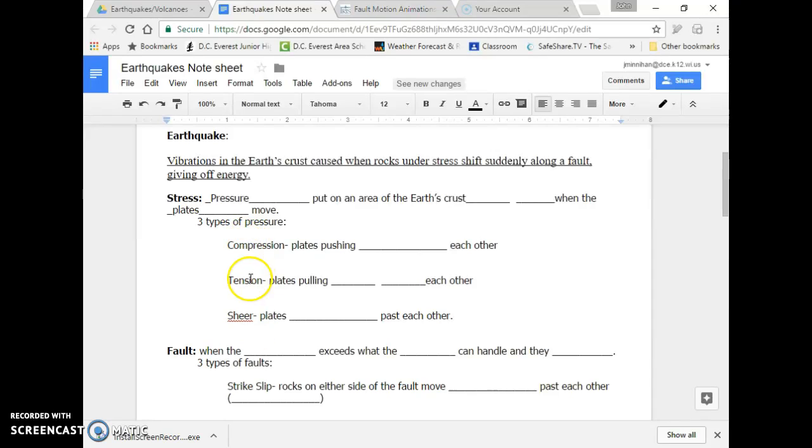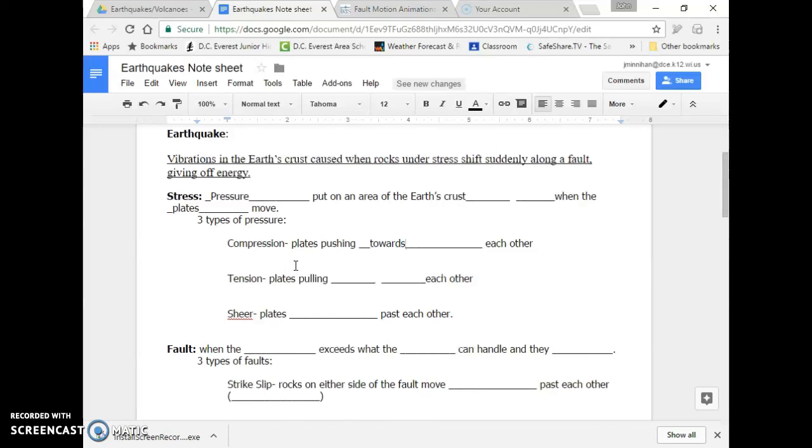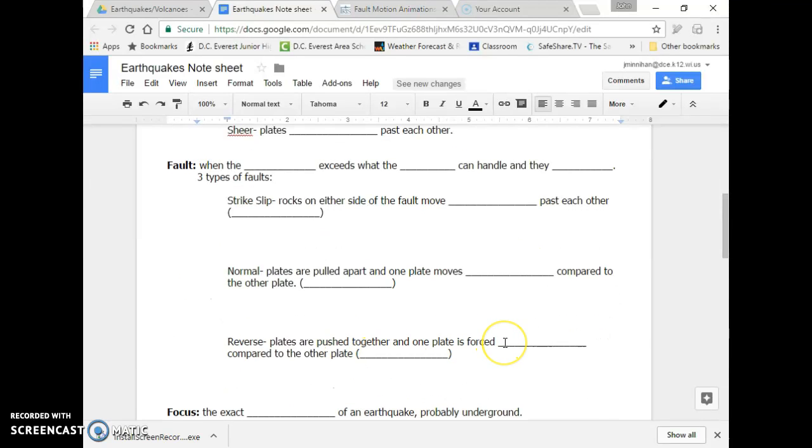Okay, so these are the different types of pressures. For example, we have compression. That's when the plates would be pushing towards each other. So this would be like taking your two hands, putting your palms together and just pushing as hard as you can at each end. Just pressing your hands together as hard as you can, right? That's compression stress. All right, that then relates to a reverse fault down here at the bottom.